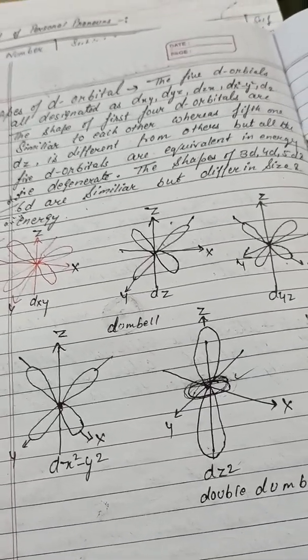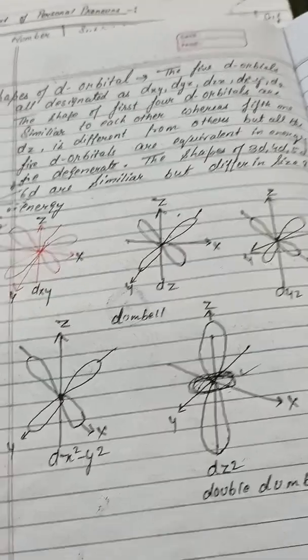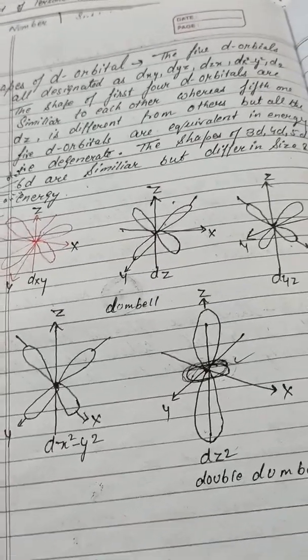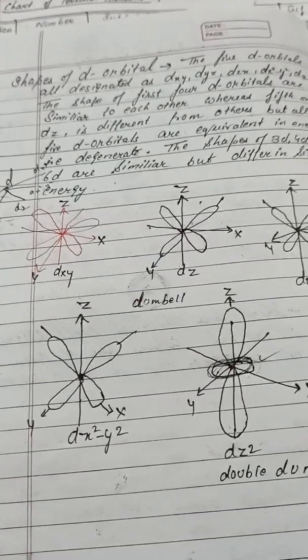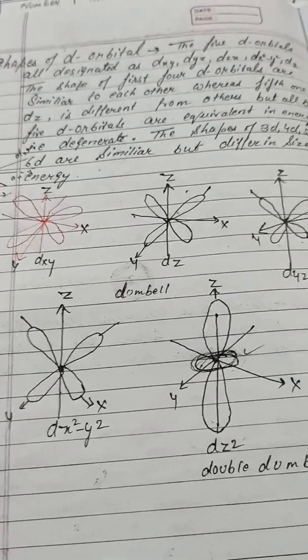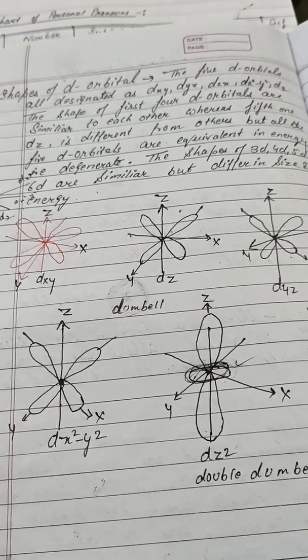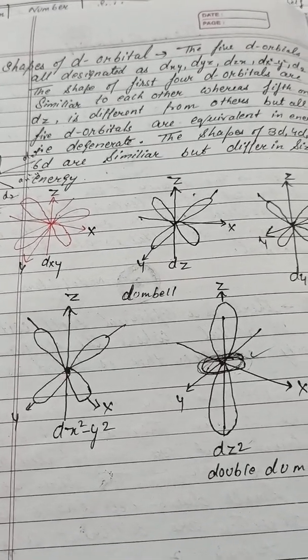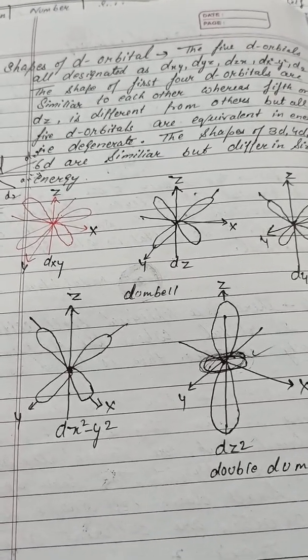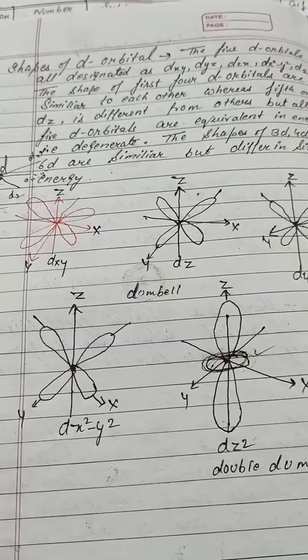Here it is S, P, D, F. This revision I am going to do. In SPDF, S has 1 orbital, P has 3 orbitals, D has 5 orbitals, and F has 7 orbitals.